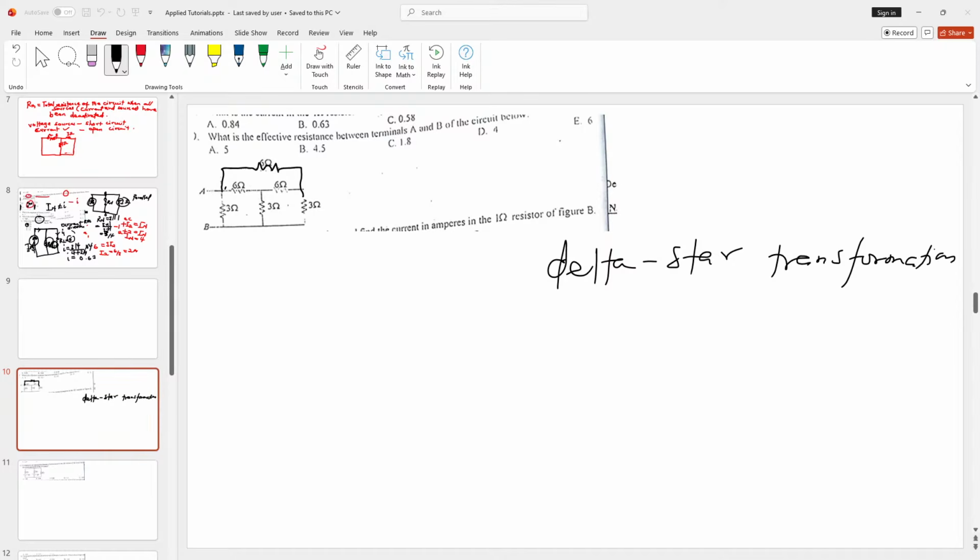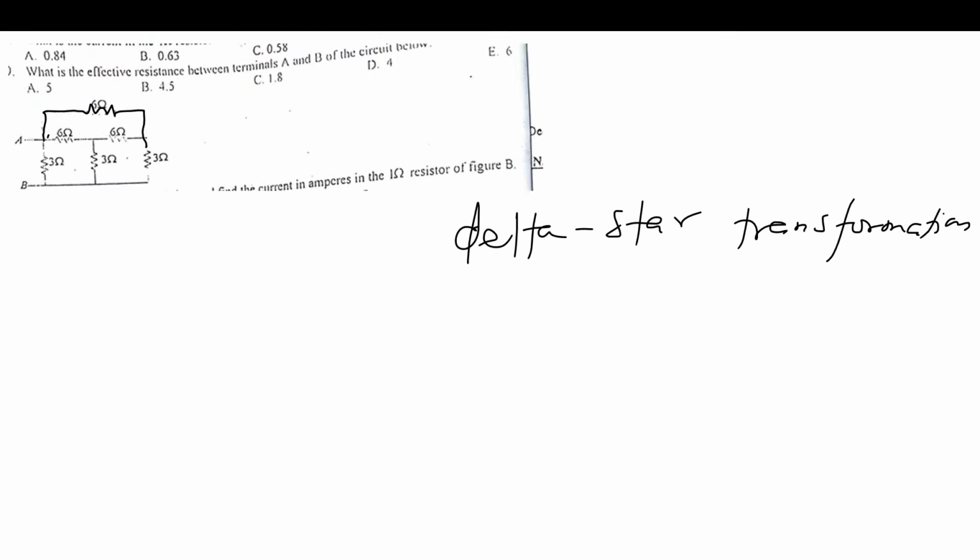Okay, it's very important, a very big disclaimer. Make sure there are indeed no resistors connected in series or in parallel, because if there are and you try to use delta star, you may get it wrong. So always make sure there are no 2 resistors in series or in parallel.